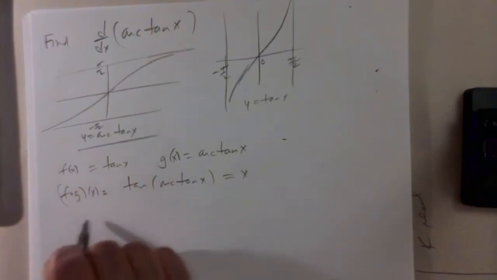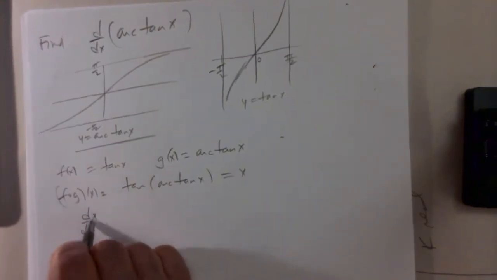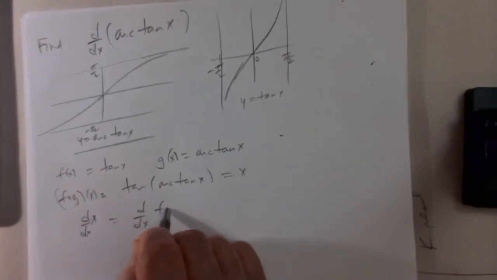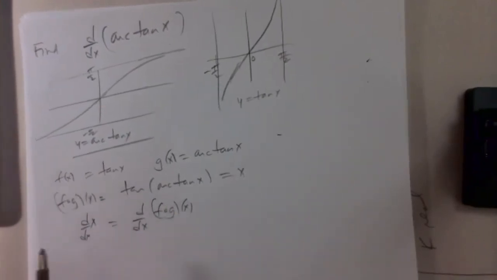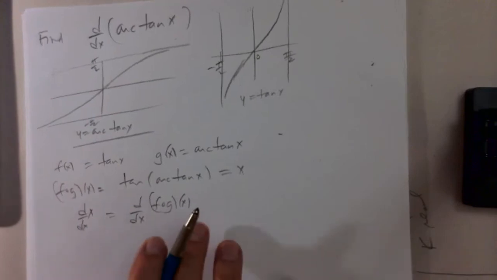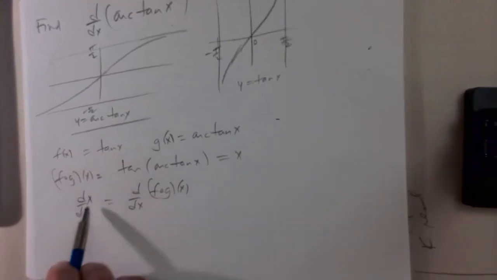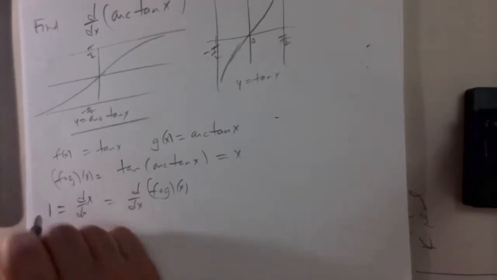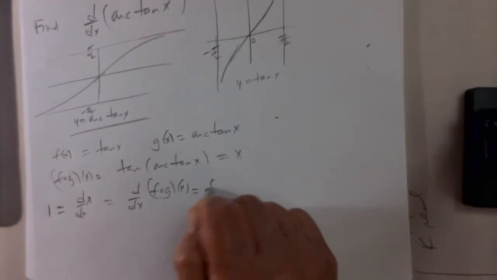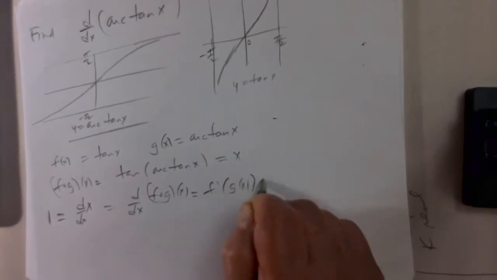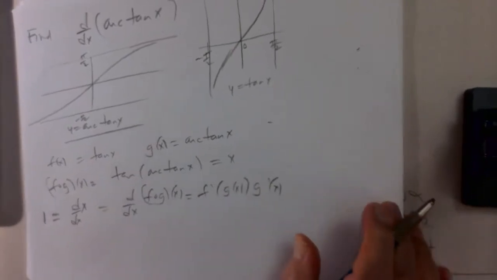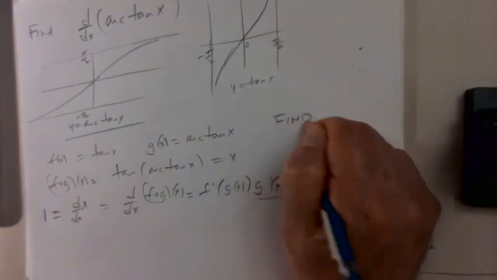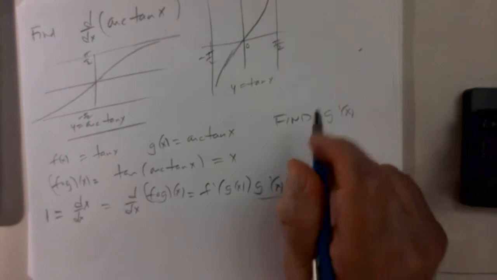So let's differentiate. The derivative with respect to x of x is the same as the derivative with respect to x of f composed with g of x. The derivative of x is 1. By the chain rule, this is f prime of g of x, g prime of x. This is what we want to find. We want to find g prime of x.